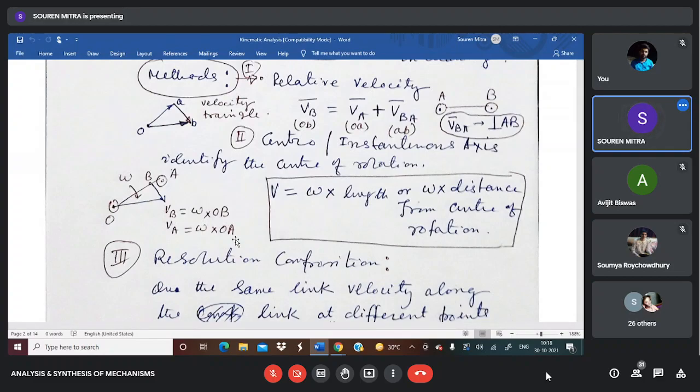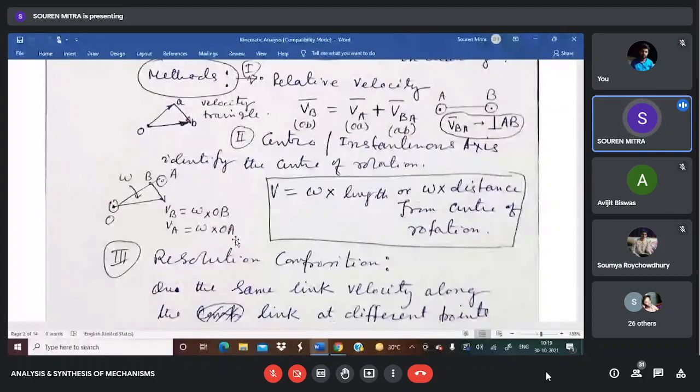Okay, so this is a very handy method. This gives us a very quick solution, quick determination of the velocities. And in order to apply this method, we do not need to draw separate velocity polygons like we have to do in case of relative velocity method. Here we do it directly on the mechanism itself.